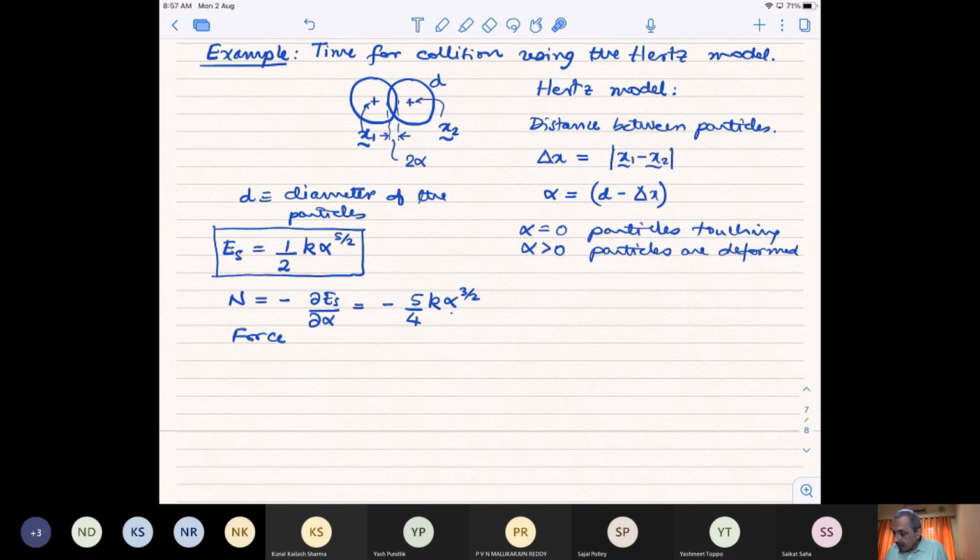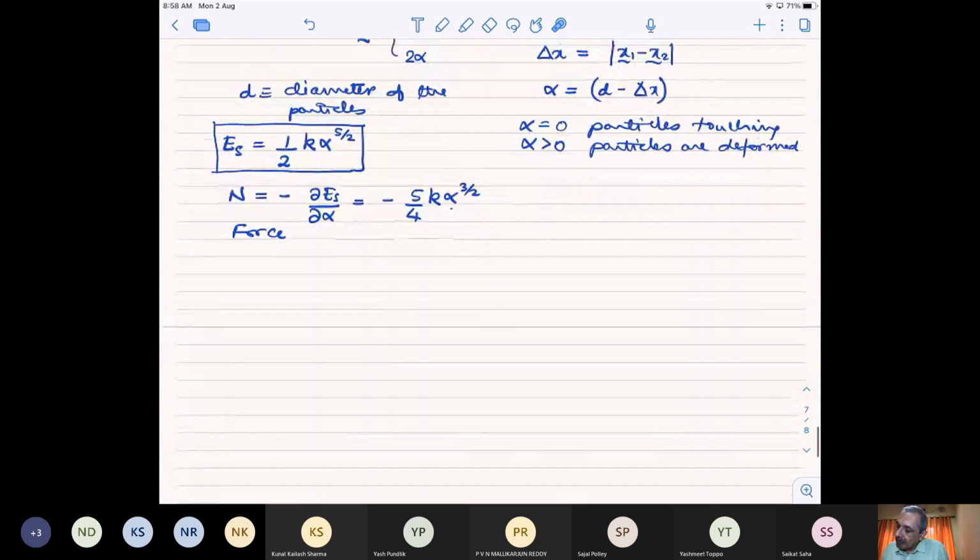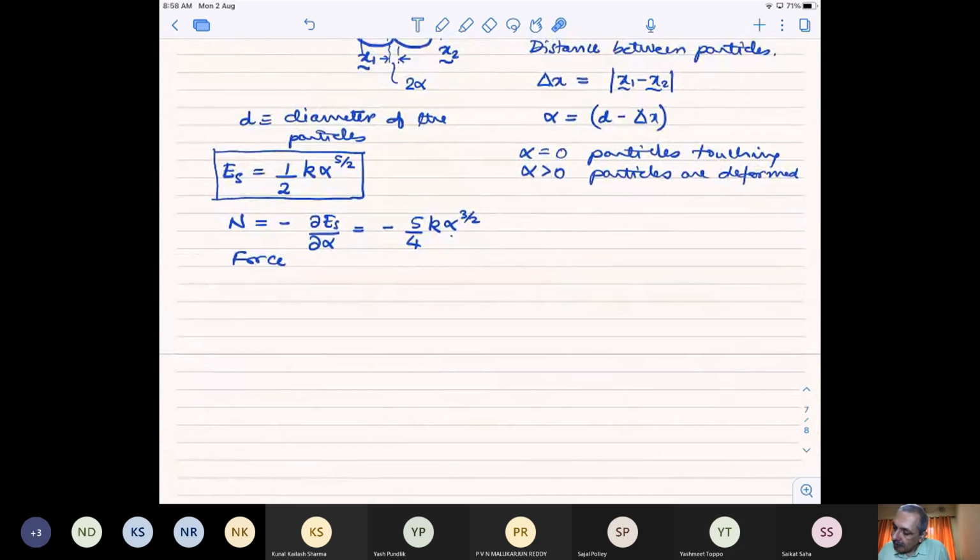As the force increases, the particles decelerate, the velocity goes to 0, but the force still remains until it reaches alpha max, and then it moves out, and the collision is over. So, you can imagine if you plot alpha versus time during a collision, alpha starts with 0 at time t equal to 0. It reaches a maximum, and then this is the end of the collision. And we want to find out this: what is this time for collision?